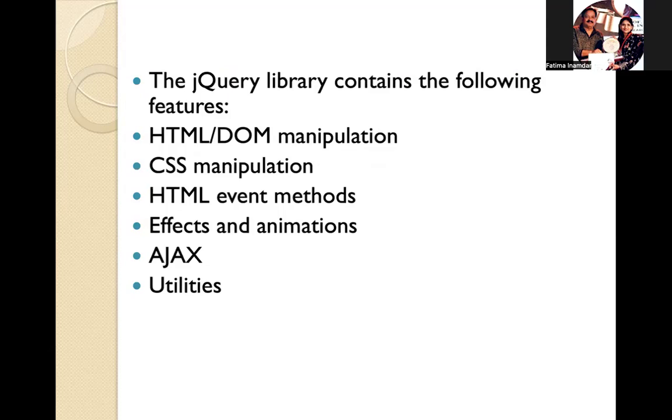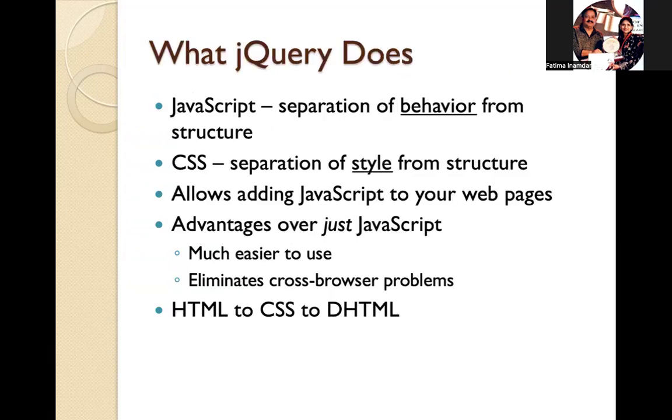The jQuery library consists of the following features: HTML or DOM manipulation, CSS manipulation, HTML event methods, effects and animations, Ajax, and utilities. So what does jQuery do?